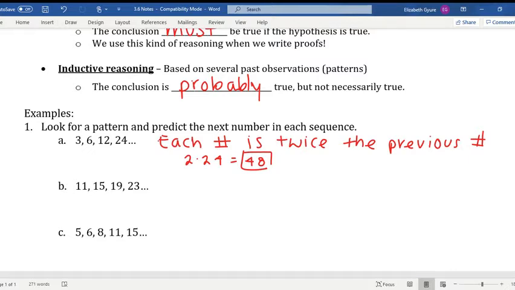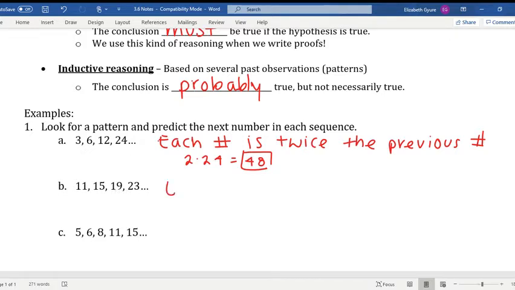For part B, we have 11, 15, 19, and 23. Well, with this one, if you take a look at the differences between each, 11 to 15, you would go up 4 units, 15 to 19, go up 4, 19 to 23, go up 4.